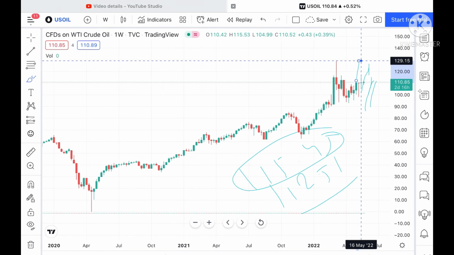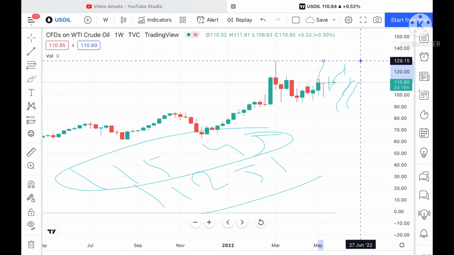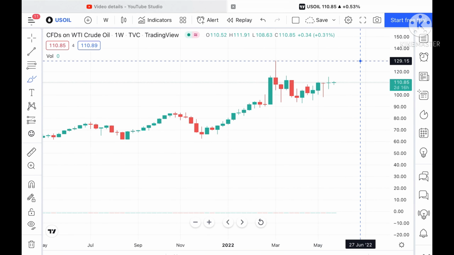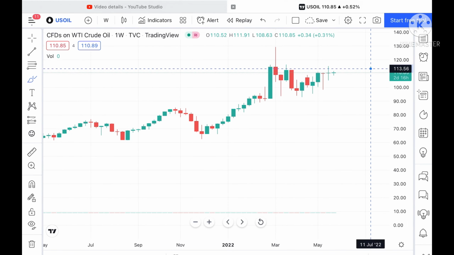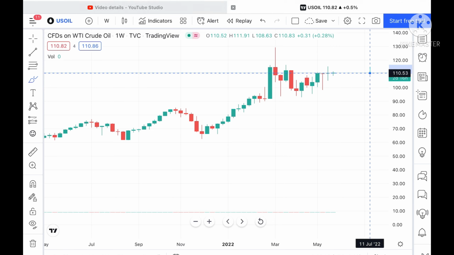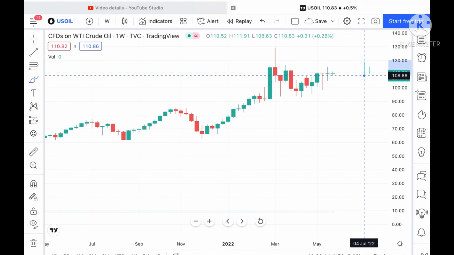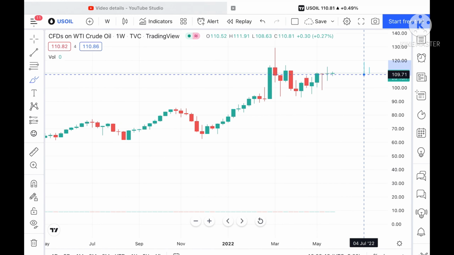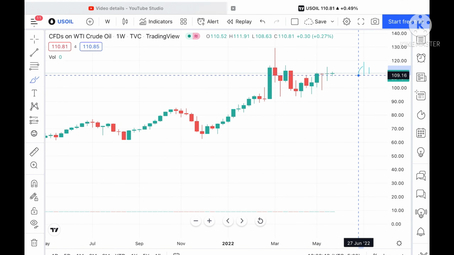Now suppose the price doesn't sustain this particular level, then it can move further down. The next support comes around 110.38, and if the price goes below that level, it can move further down to 109.71, and from there it can touch 109.16.